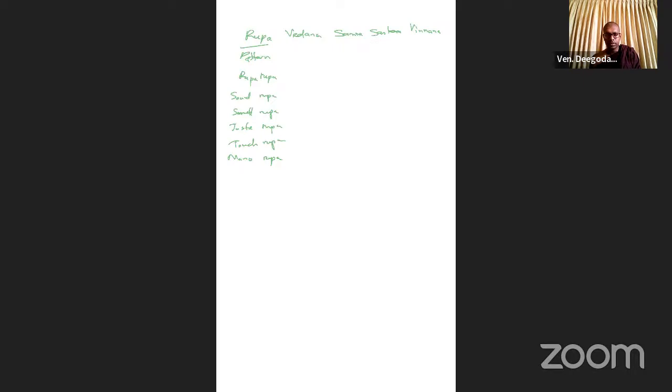It is said that Rupa, Vedana, Sanya, Sankhara and Vijnana work together, especially Vedana, Sanya, Sankhara and Vijnana. You cannot find these 4 in isolation. If there is Vedana, there should be Sanya, Sankhara and Vijnana. If there is Sanya, the other 3 should be there.